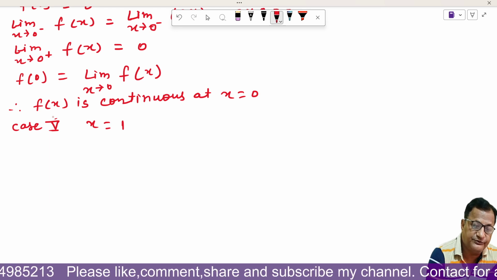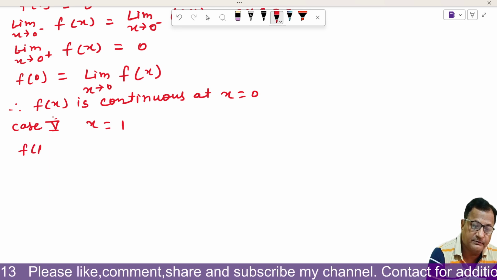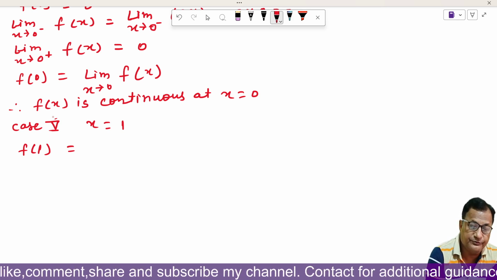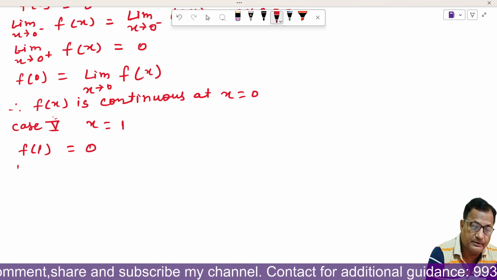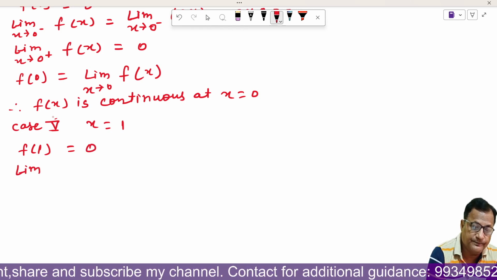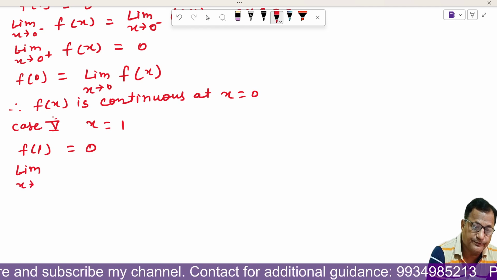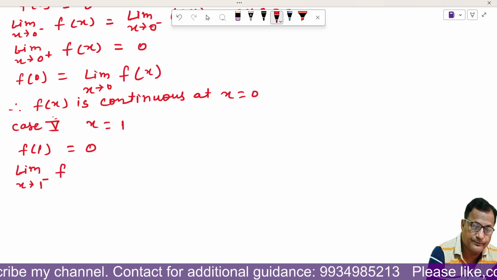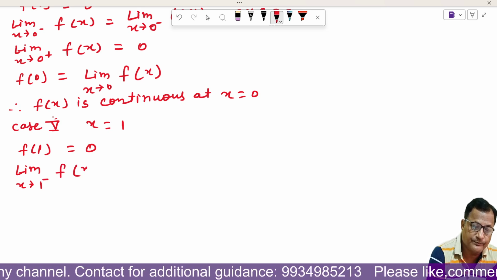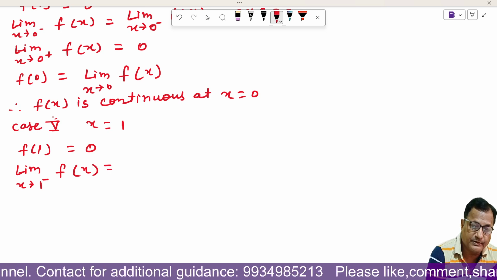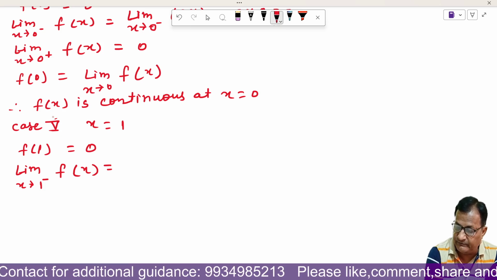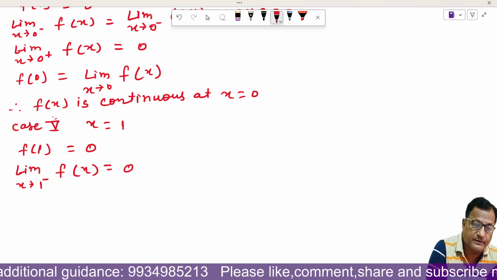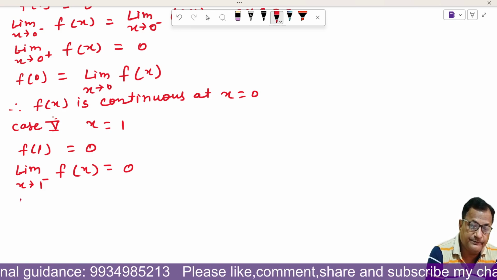So we will check f(1). f(1) will be 0. Now left hand limit, less than 1. So less than 1 will be 0. Right hand limit.